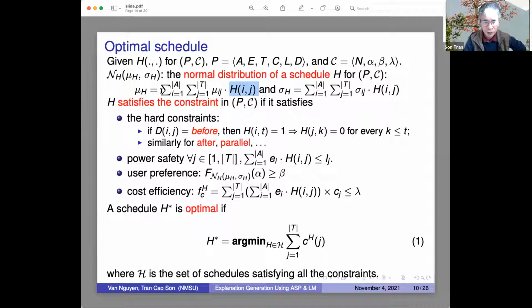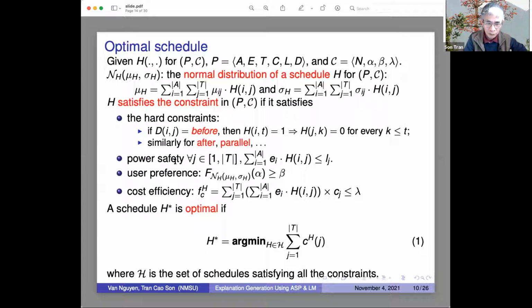Then we can calculate this value, and then we say that the schedule satisfies the constraints in the scheduling problem. The hard constraint is this one: if one is before the other, then that implies the other one. So if I is before J, then this has to happen, and so on and so forth.